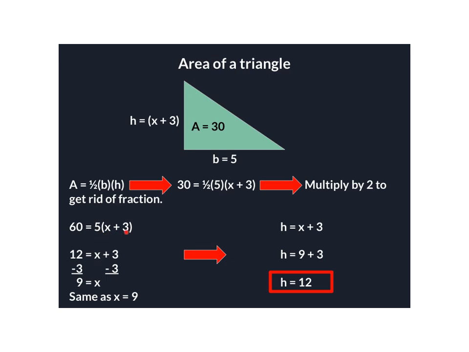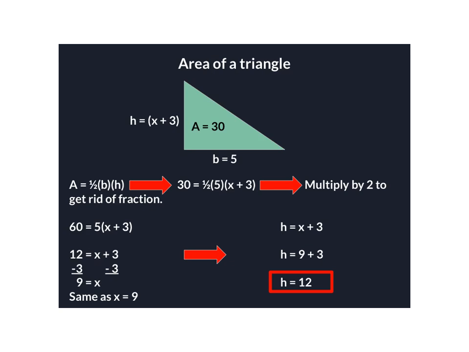We just drop that down. Again, I multiplied both sides of this equation by 2 just to get rid of that fraction. Multiplying this side, 30 times 2 is 60. Multiplying this whole side by 2 gives me just 5 times x plus 3, because 1/2 times 2 turns into 1, and we don't write the 1 because it's hidden.